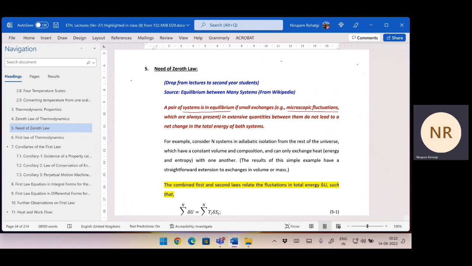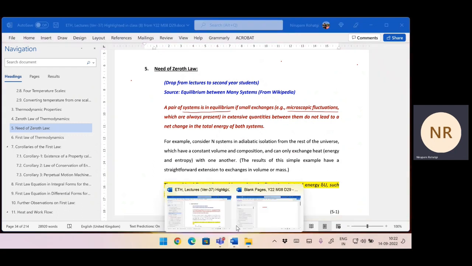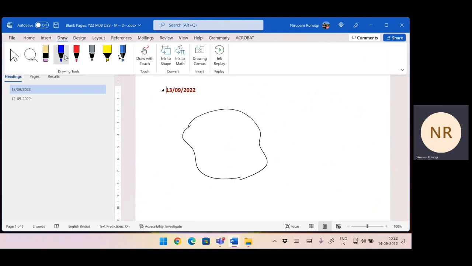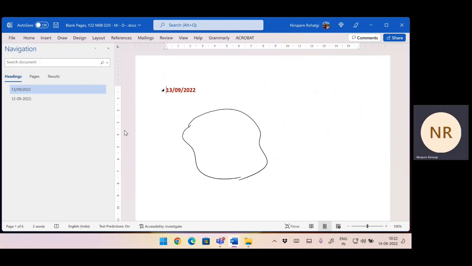So there are two bodies which are lying isolated from the surroundings. Let us go by a diagram. So you have a system like this, and there are two bodies here, one is A and one is B. Now this whole thing is isolated, which means that there is no effect of the surroundings on this system.